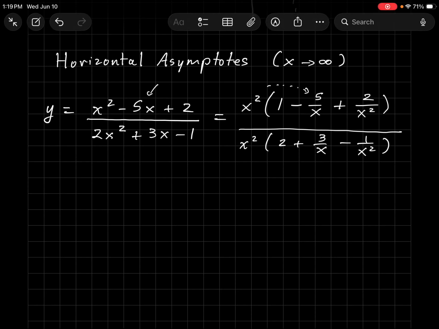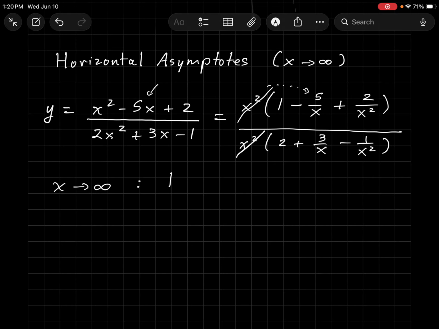Now, before I let x equal quote-unquote infinity, do you see what we can do? If you saw that we can cancel out the x squareds, great, because we certainly can. And now I'm going to let x go to infinity. That is, I'm going to pretend that x equals infinity and plug it into each of the terms with an x.